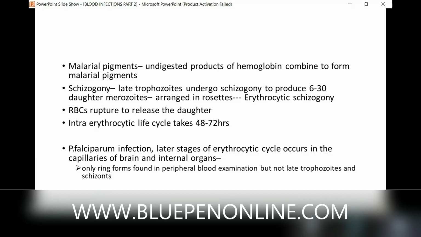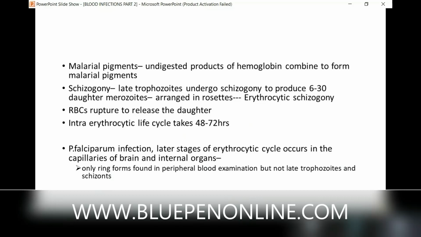That's why you don't find the late trophozoites in the peripheral smear of Plasmodium falciparum. These early trophozoites go and adhere to the blood vessels of the brain or other internal organs, and there on adhesion they stay and form the late trophozoites within these blood vessels, and they don't get released into the peripheral circulation.